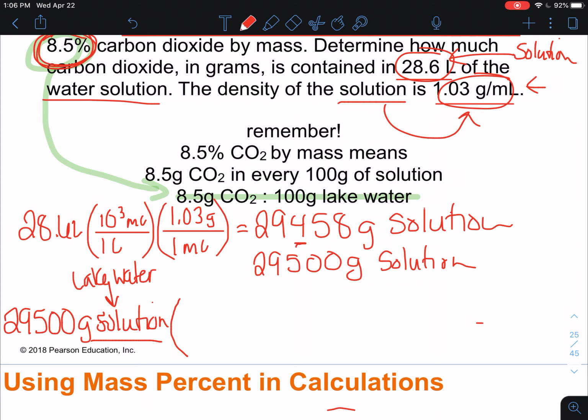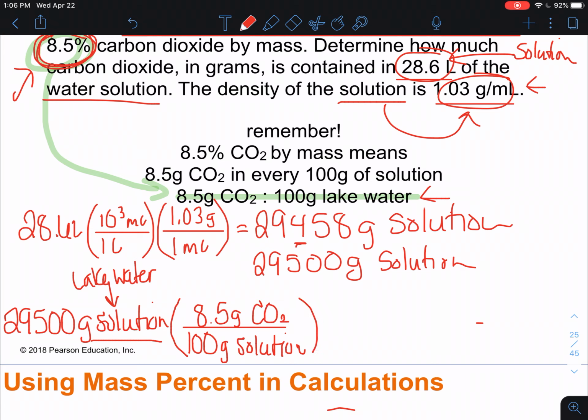So we're going to use this as a conversion factor, considering this equality: 100 grams of solution, which is the lake water, gives us 8.5 grams of CO2. Just make sure you see, I start off with grams of solution, that cancels, I'm left with grams of CO2, which is what I want.